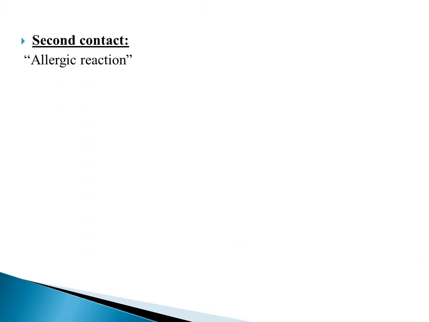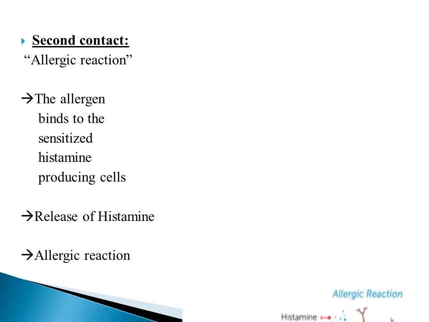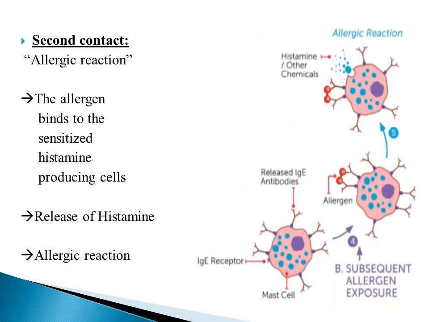Upon the second contact with the same allergen, an allergic reaction is obtained. In this case, the allergen will bind to the sensitized histamine producing cells. Then it stimulates the release of histamine, leading to allergic reaction. So, as you see in this figure, the mast cells are previously sensitized by binding of the immunoglobulin E on their receptors on the surface of mast cells.